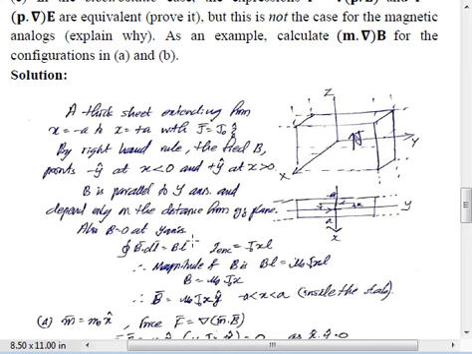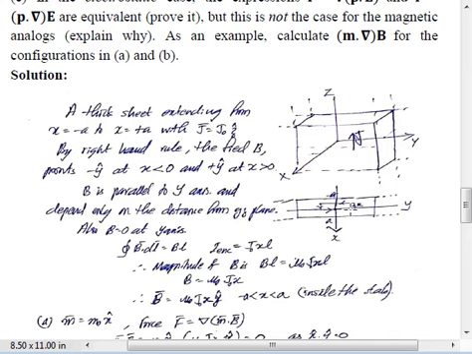Also B will be equal to 0 at the y axis, because on either side of the y axis there are currents passing along the z direction. Here the z direction is out of the plane of the sheet, and this is our cross section, with current passing out of the plane of the loop.